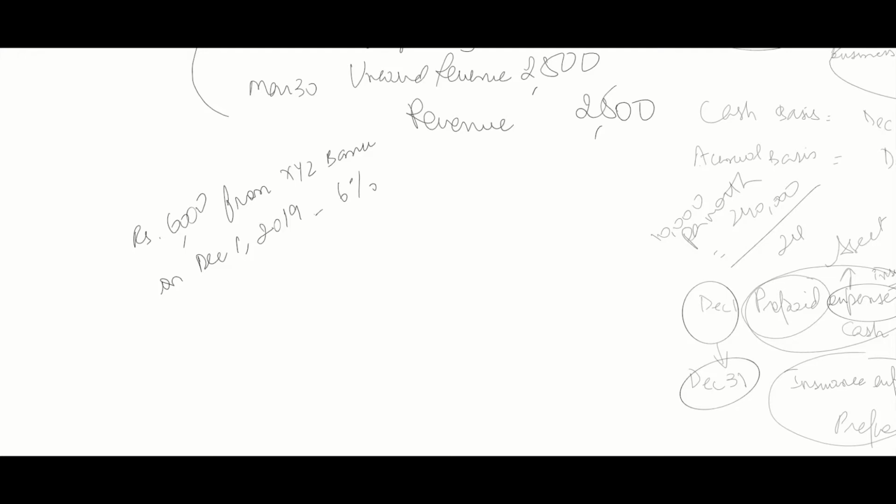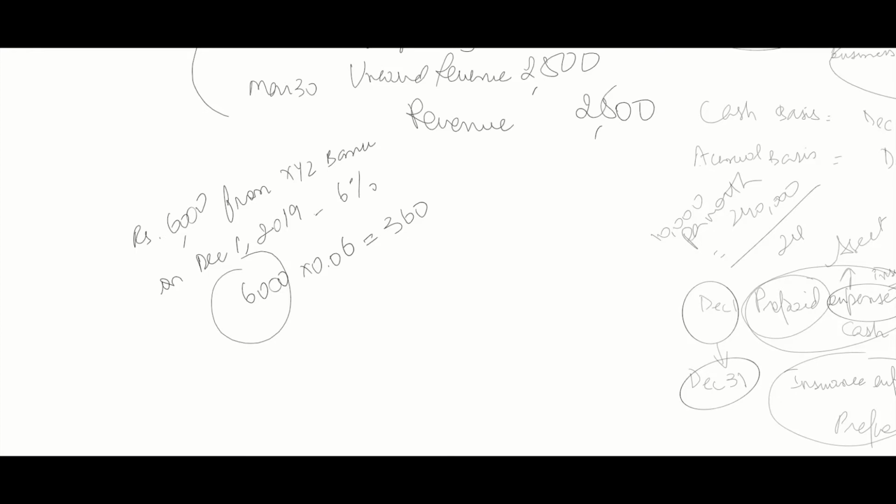So first let's calculate how much interest the company has to pay to the bank for this borrowing. 6,000 multiplied by 0.06 gives you 360. Now this 360 amount is to be paid after a year, obviously with the principal amount.